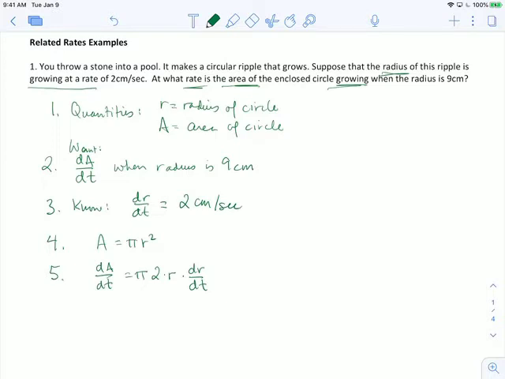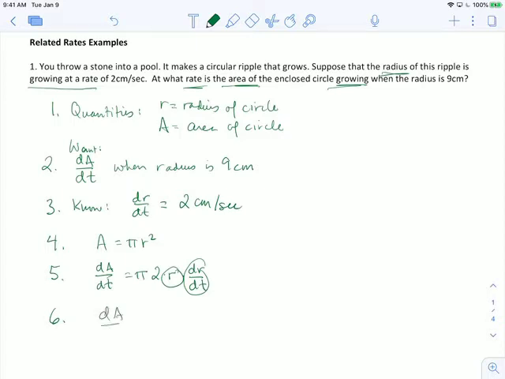Next, our next step is to substitute in what we know, to try to find out what we want to find. And so what we're told is we can substitute in for r. We know that r is 9 centimeters, and we're told that dr over dt is 2 centimeters per second.